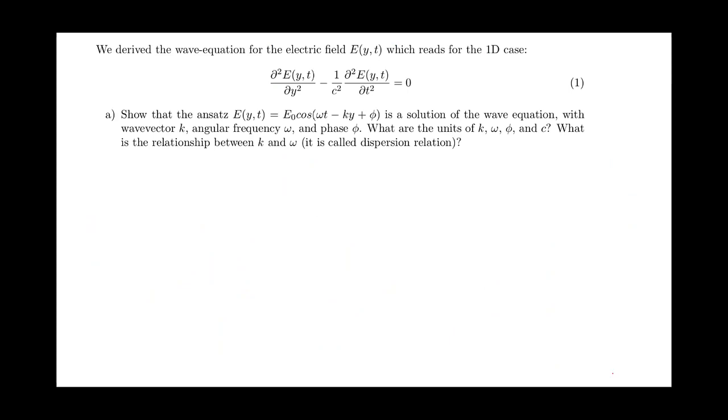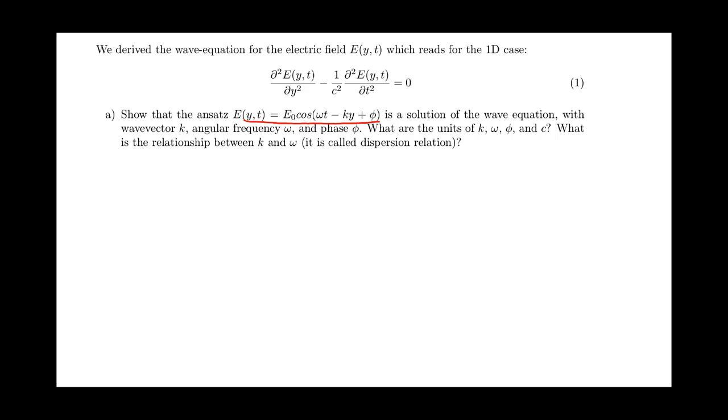So let's look at now a problem on the wave equation here. So here we have essentially the wave equation that we derived, right? And what this question is asking us to do is to show that the proposition, or the ansatz, that this is a solution.